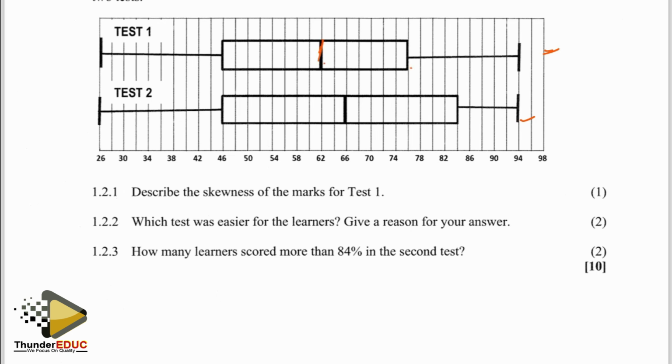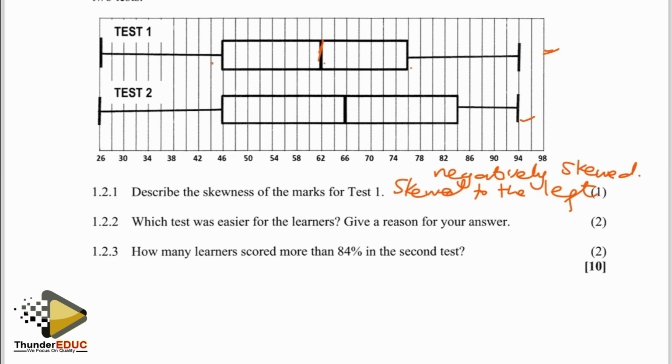It's closer to the Q3 than the Q1. Okay, so in this case, the skewness is to the left. So we can say skewed to the left. Or alternatively, we can just say it's negatively skewed. Okay, the marks are negatively skewed.